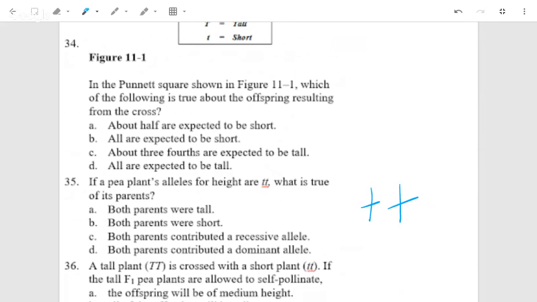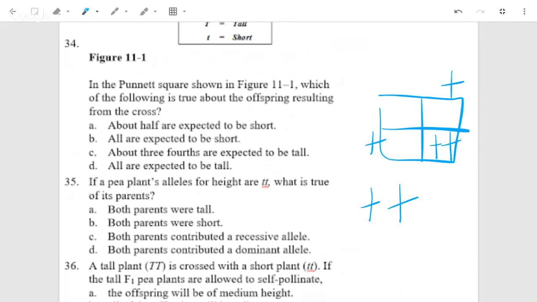Okay, so if it's tt, that means in the Punnett square, it's got to make at least one kid that's tt. The other kids could be whatever, really. So the parents have at least one little t and one little t. Now, the parents don't have to be tall or short.